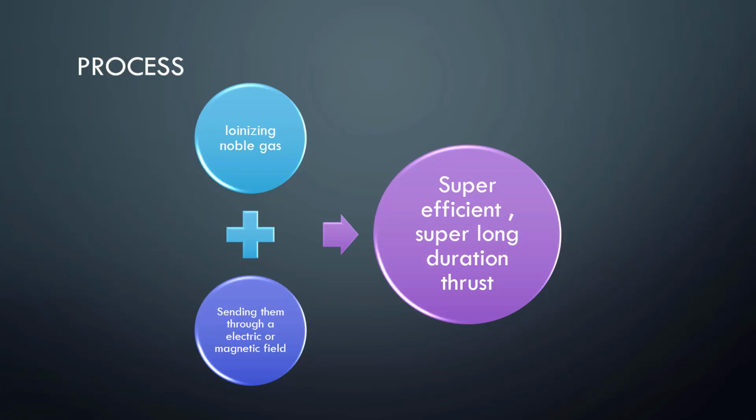As I explained, the process is mainly about ionizing noble gas or fuel and sending them through an electric and magnetic field. This ends up in a super efficient and super long duration thrust.